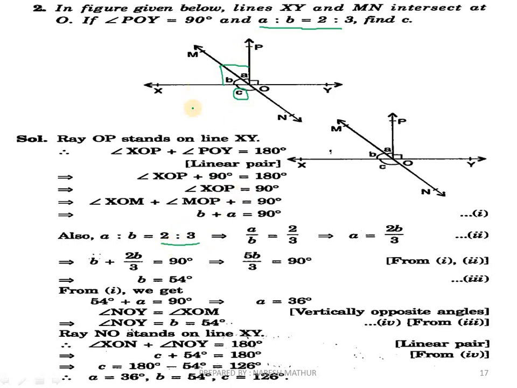We can write it in the form of 2x and 3x, so 2x plus 3x equals 90. We can do it by this method, or we can take the ratio A is to B equals 2:3. From here we can get the value of A, so it would be 2B by 3, and we write A plus B equals 90.